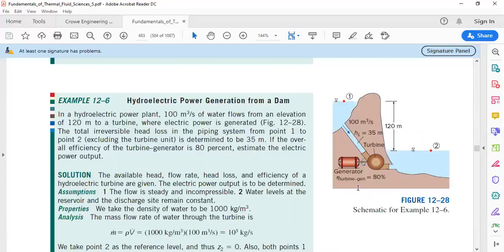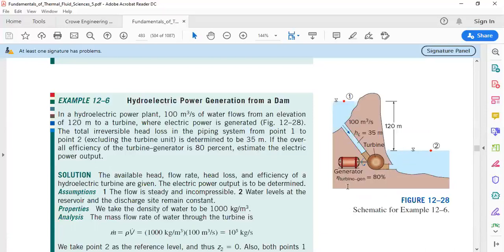So, in order to know the electric power output, we need to know the mechanical power decrease of the fluid.